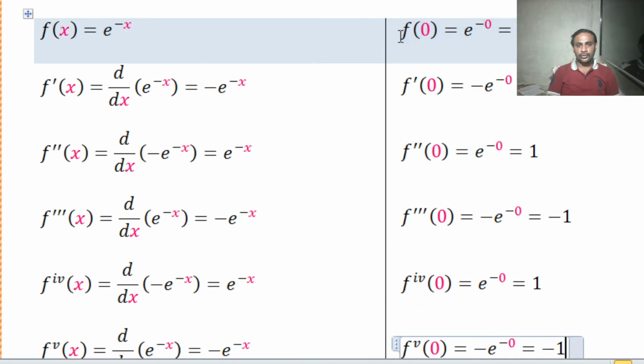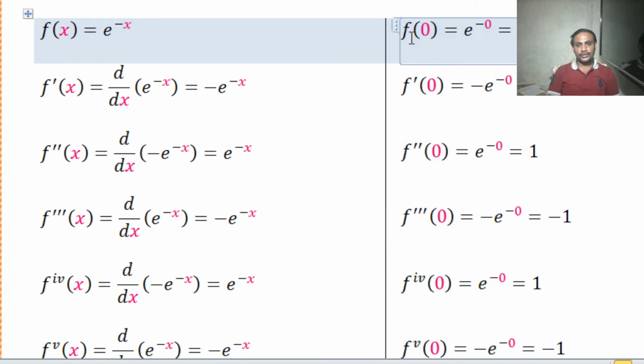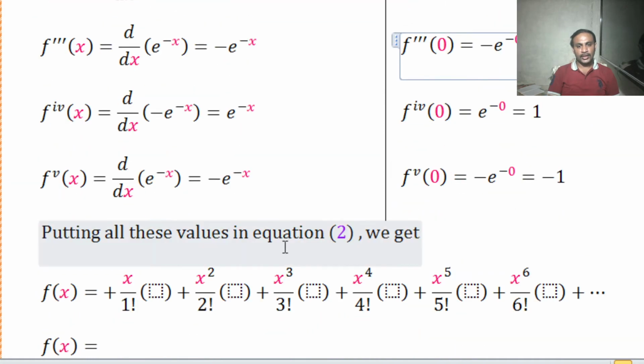If we observe the zeroth derivative, first derivative, second, third, fourth, fifth and so on, these terms alternate plus and minus. First is 1, second is minus, third is plus 1, fourth is minus 1 and so on.